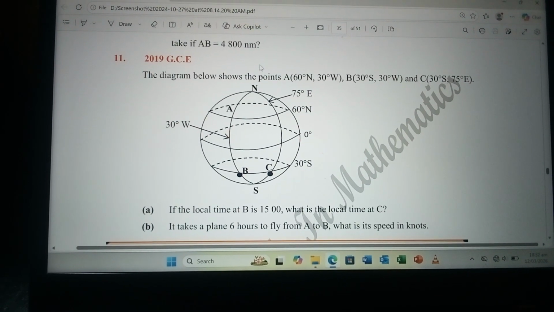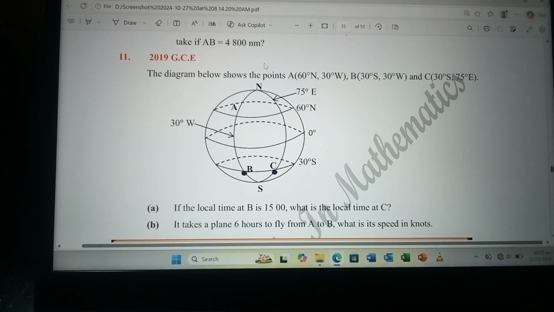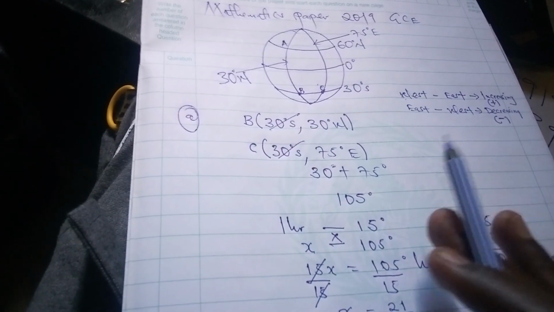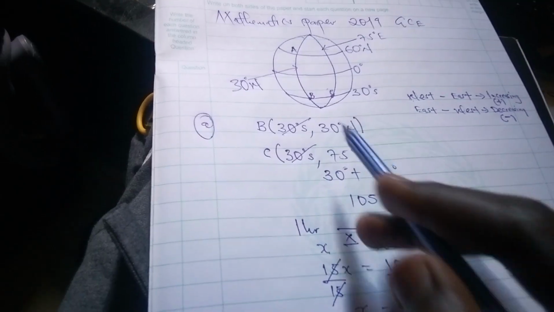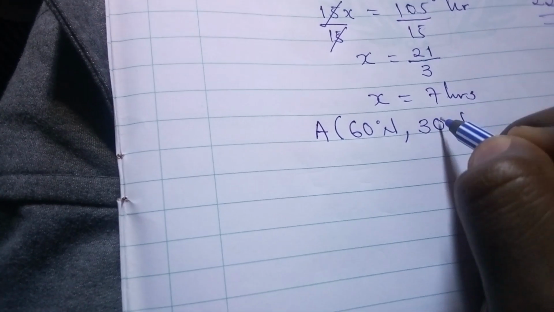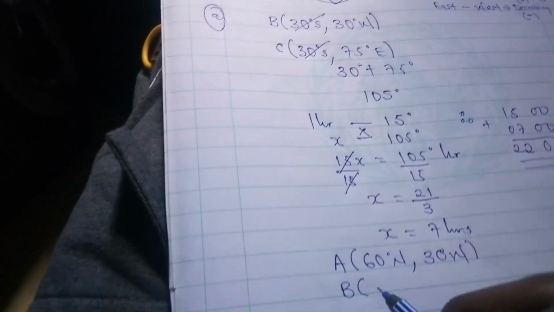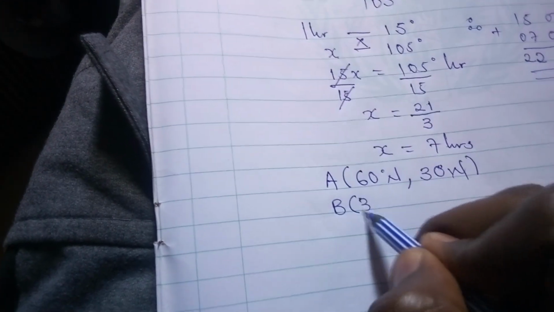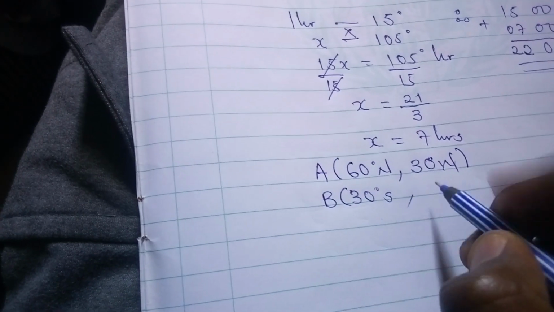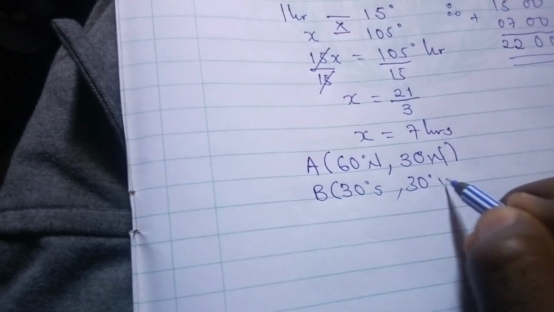So you are going to correct the positions of A and B. A is lying in 60 degrees north, with longitude 30 degrees west. And then B is 30 degrees south, 30 degrees west.